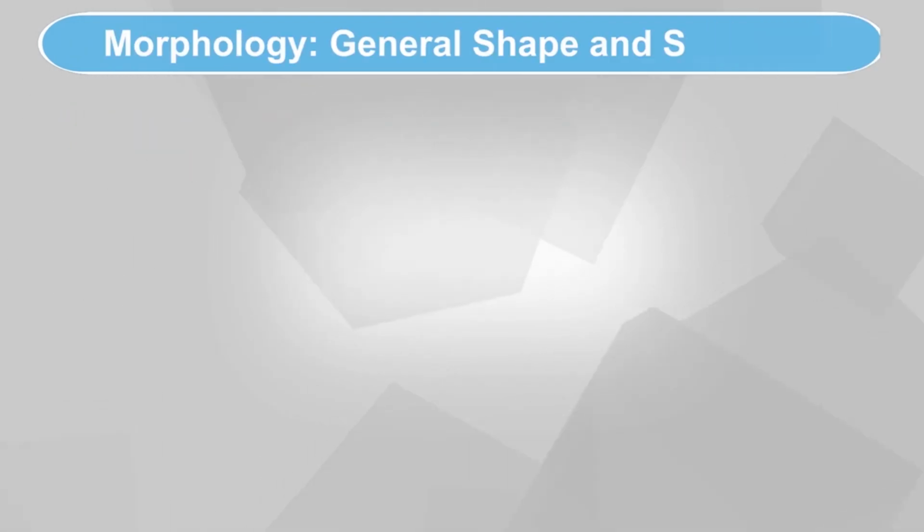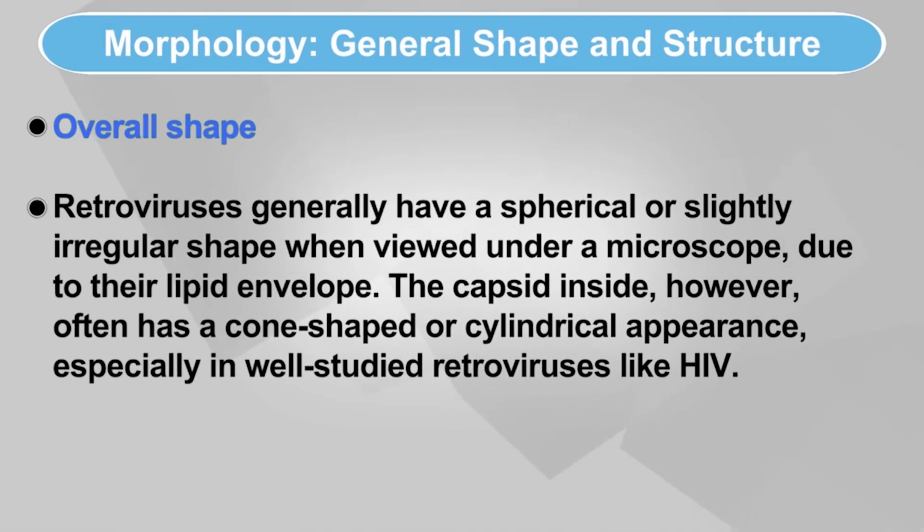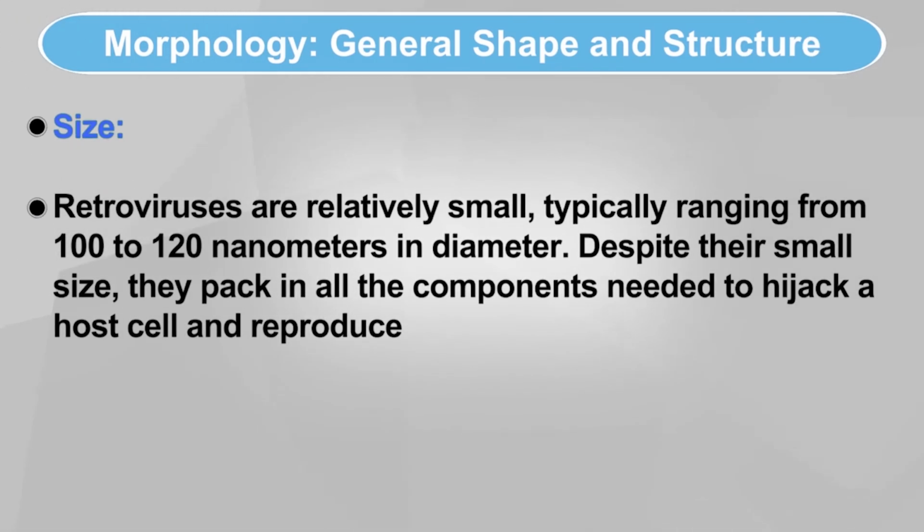Now, we will learn about the morphology, its shape and size, of the retroviruses. Retroviruses generally have a spherical or slightly irregular shape when viewed under the microscope. Retroviruses are relatively small, typically ranging from 100 to 200 nanometers in diameter.